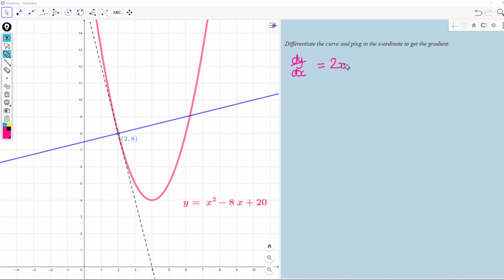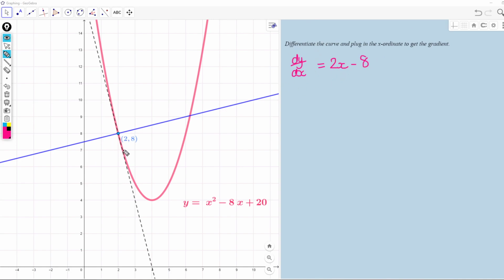So this is equivalent to 2x to the power of 1. When I differentiate -8x, I get -8. And when I differentiate plus 20, differentiating constants, they vanish. So we just have 2x minus 8 as dy/dx.